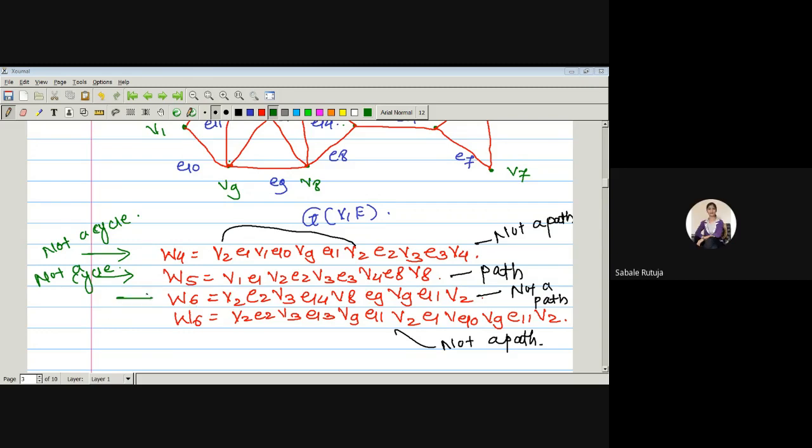Yes, sir, it must be a cycle since it is a closed walk in which no vertex is repeated. What about W7? It is a closed walk, but here the vertex V2 is repeated. So for that reason, this one is again not a cycle. Okay, is it clear?